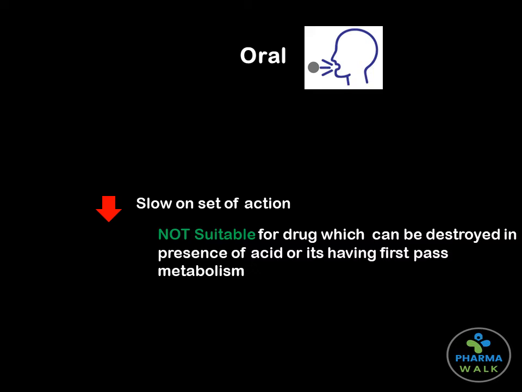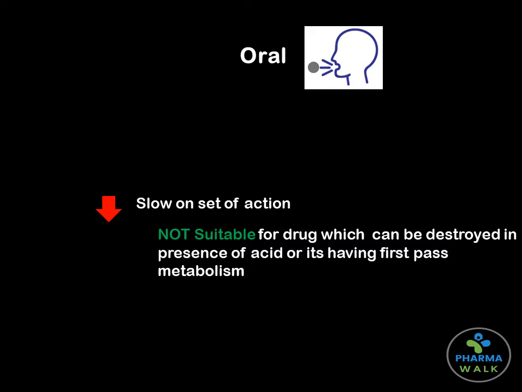So the drugs which can be destroyed in the presence of acid cannot be administered via this route. Another disadvantage is the drug which having the first pass metabolism, highly first pass metabolism. What is the meaning of first pass metabolism? That means metabolism of drug in the liver before it absorbs into the blood, before it shows the action.